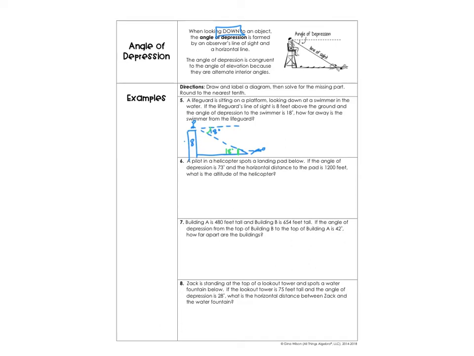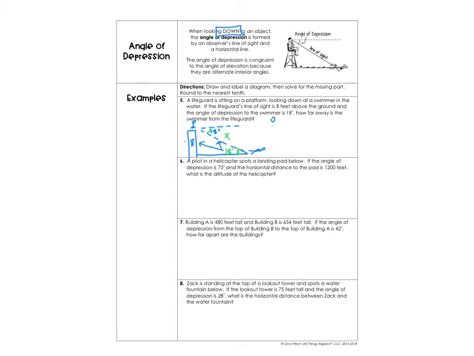Okay? How far away is the swimmer from the lifeguard? Okay? So we know that this is 8. The swimmer is here and the lifeguard is there. So we are looking for the hypotenuse. We are given the angle of elevation, and we are given the opposite and looking for the hypotenuse.